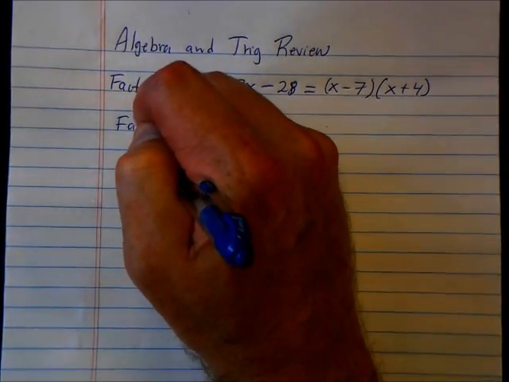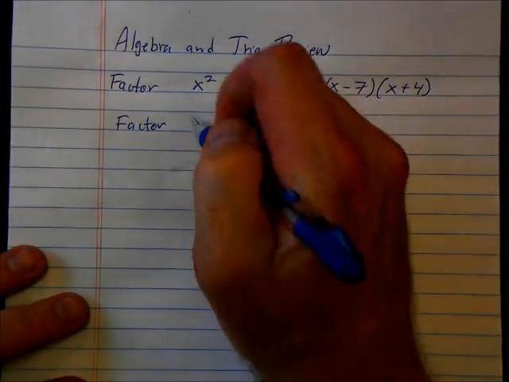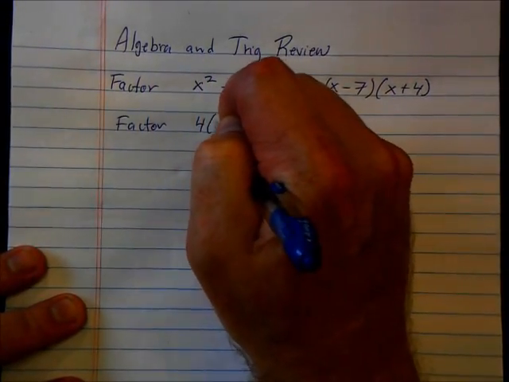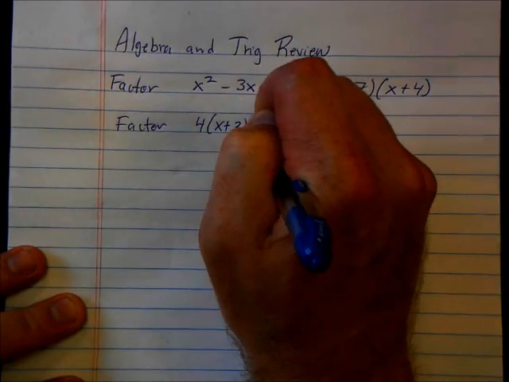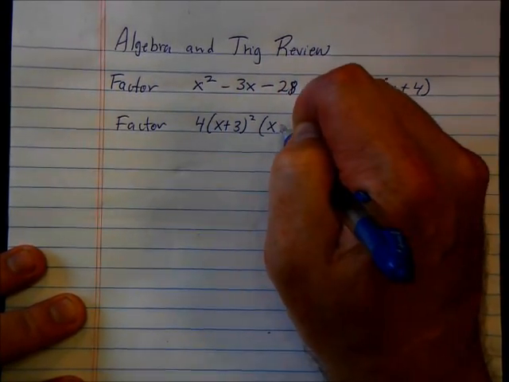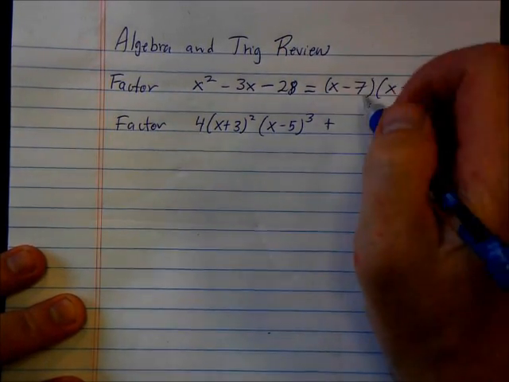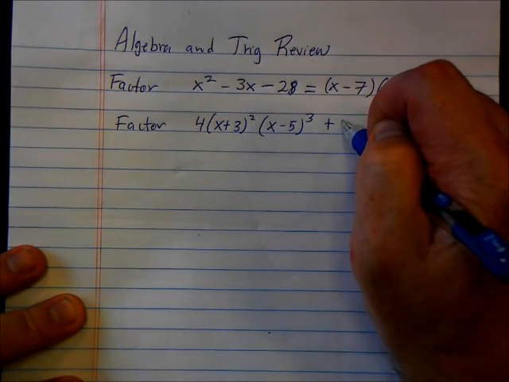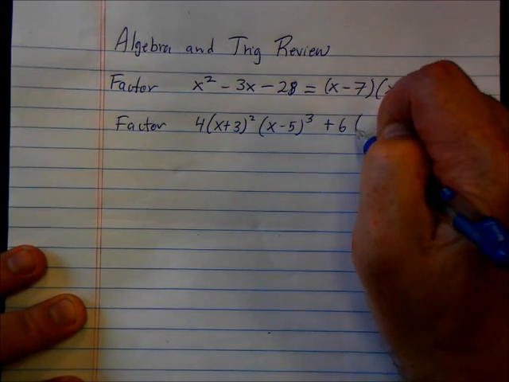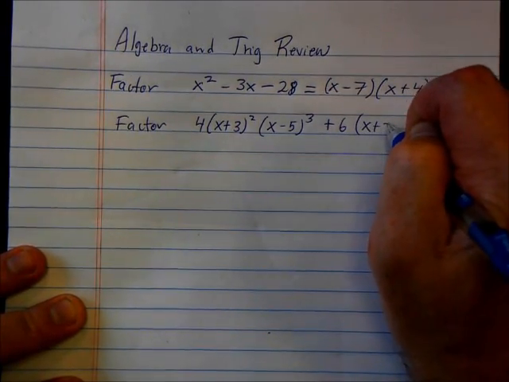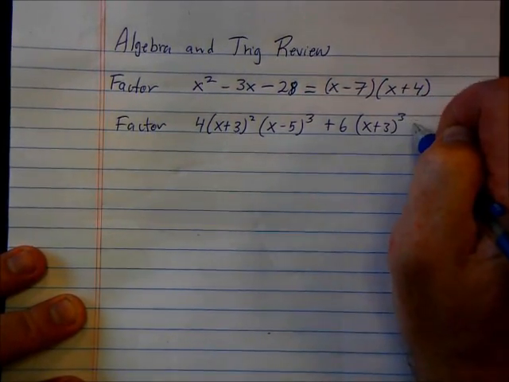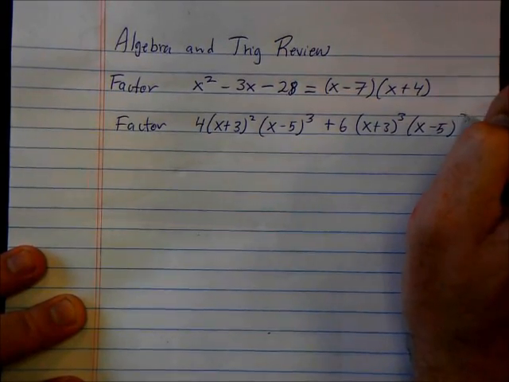Factor 4 times (x plus 3) squared times (x minus 5) cubed plus 6 times (x plus 3) cubed times (x minus 5) squared.